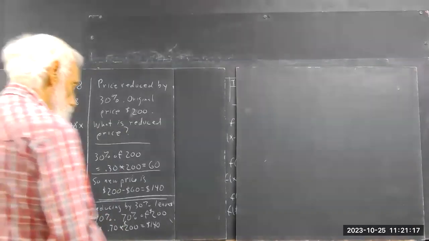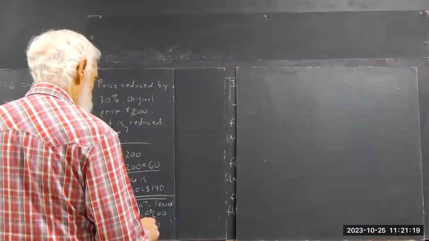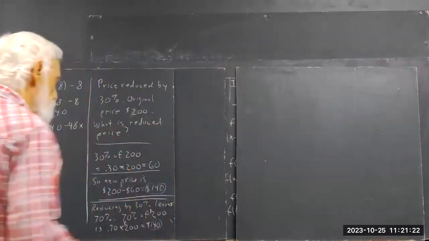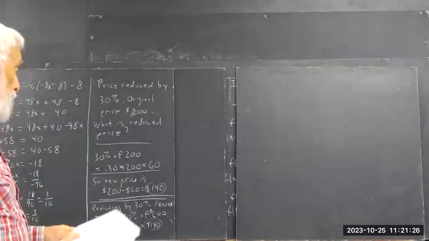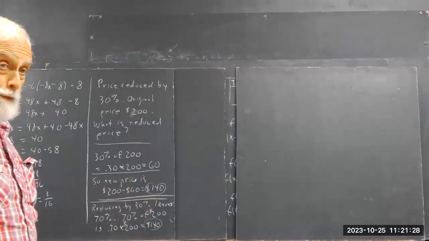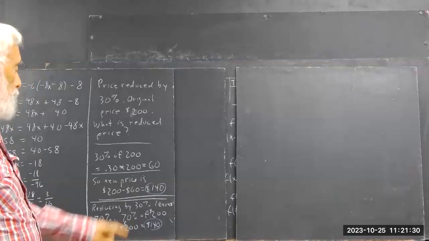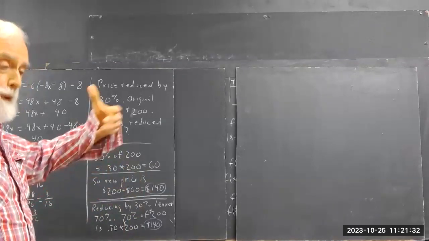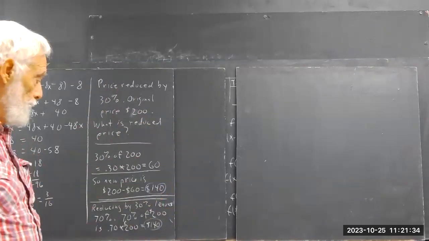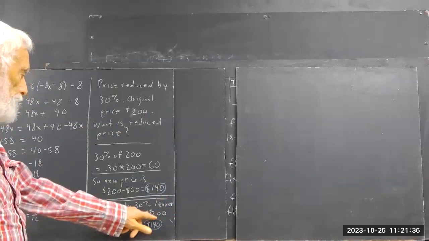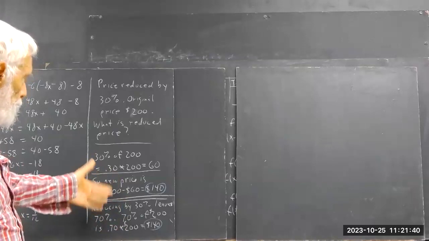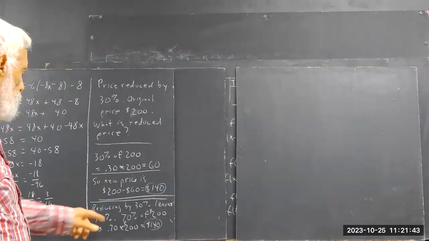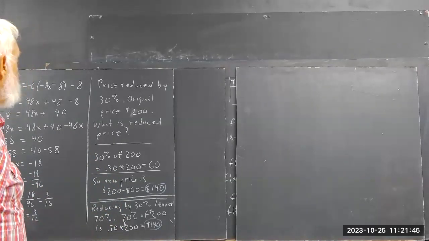Now it's the same solution. There's just two different ways of looking at it. One is you go ahead and compute 30% of 200, subtract that from 200, and you get $140. The other way is you take 30% away from 100%, which is what you started with, and you leave 70%. Take 70% of $200, you still get $140. So it's worth making sure we understand that idea.